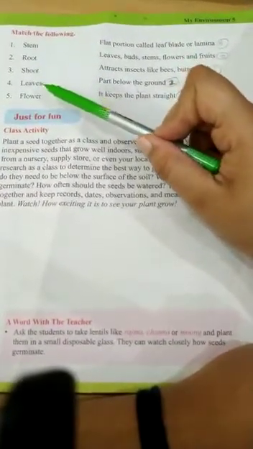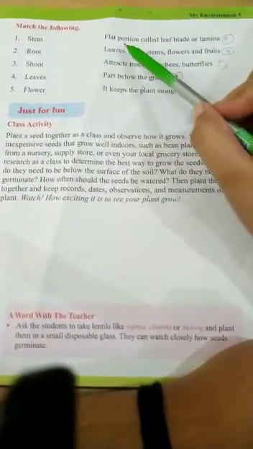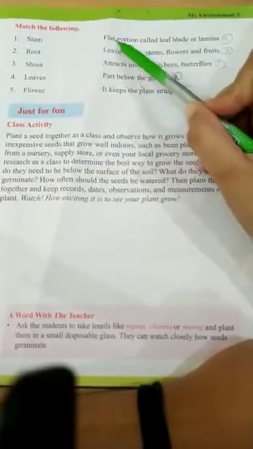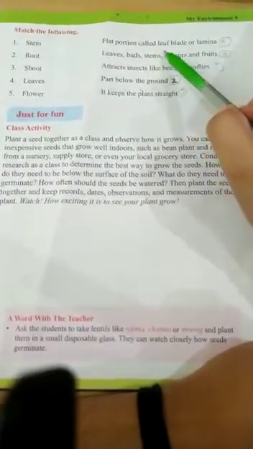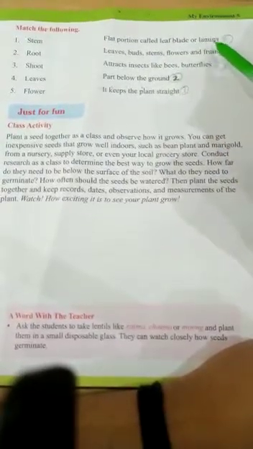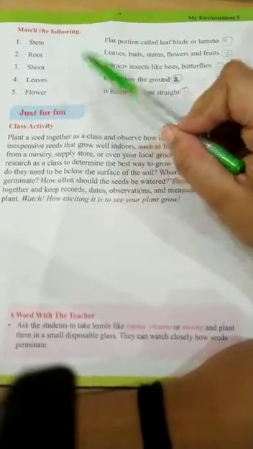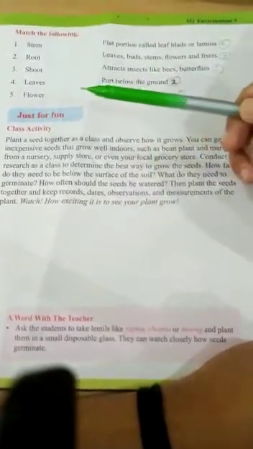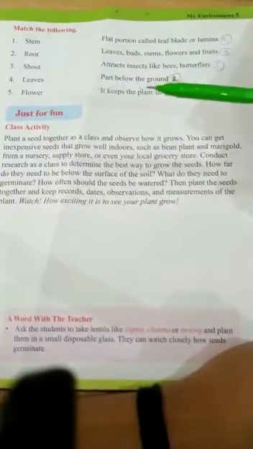Now the fourth word is leaves. Leaves will go with the first statement, that is flat portion called leaf blade or lamina. What are leaves? How is the leaf structure? When you see leaves, what do you see first?